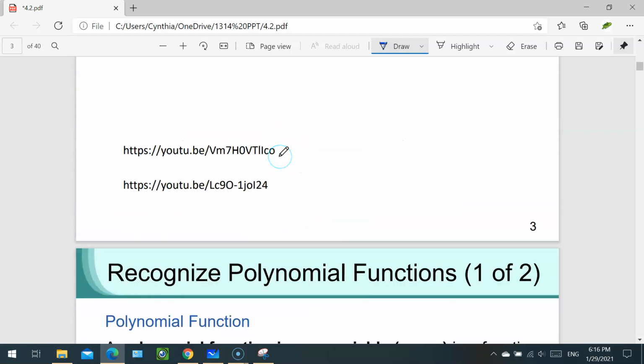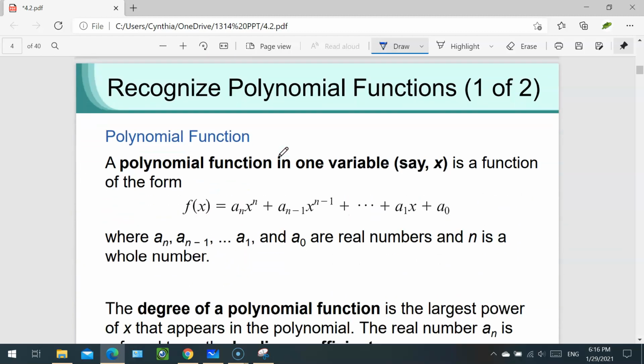So how can we tell whether a function is a polynomial function or not? We look at the definition of the polynomial function.